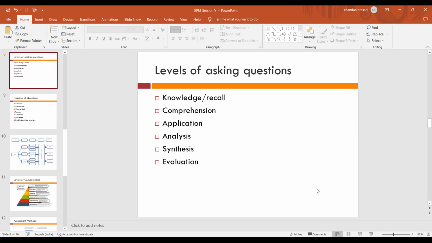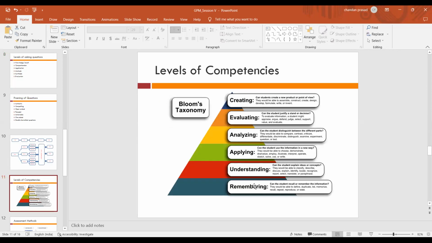Here we will be judging the value of an idea, the value of the student's work, how he has provided a solution to a problem, how he is solving the problem. So here we evaluate. This is very, very important for designing any question. These are the levels, and this one is the revised version.